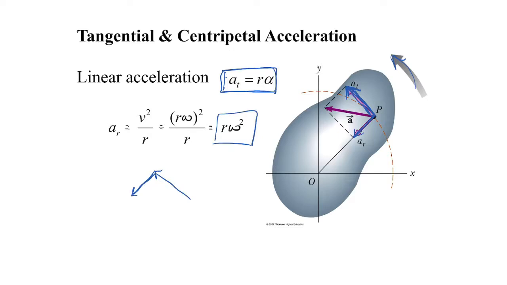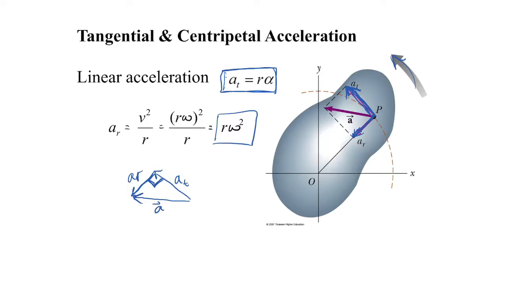And then our total acceleration looks something like that. Okay, so this is a right angle triangle because these two are perpendicular to each other, because our rotational acceleration is going towards the center of the circle. Our tangential acceleration is tangent, which by definition must be at a 90-degree angle to the radius.